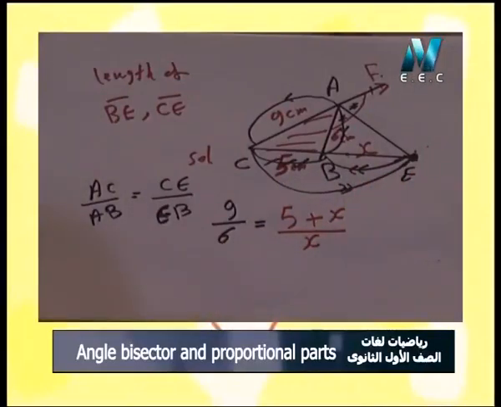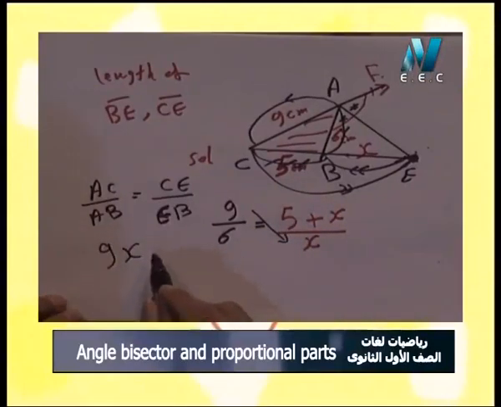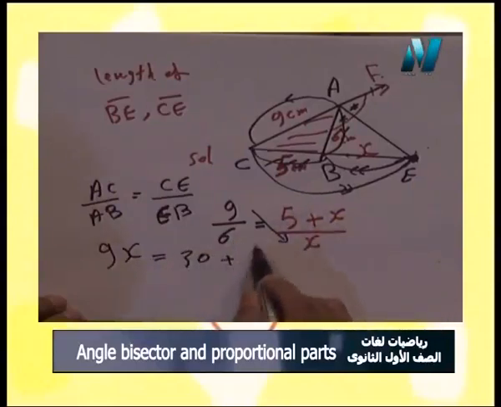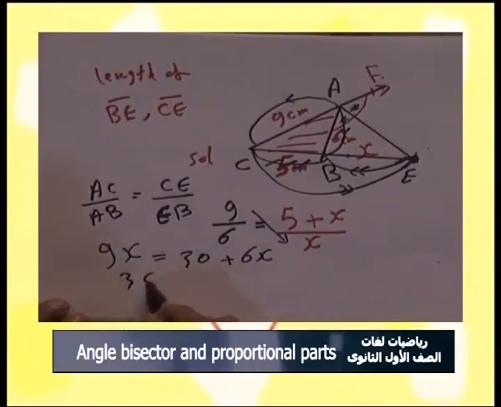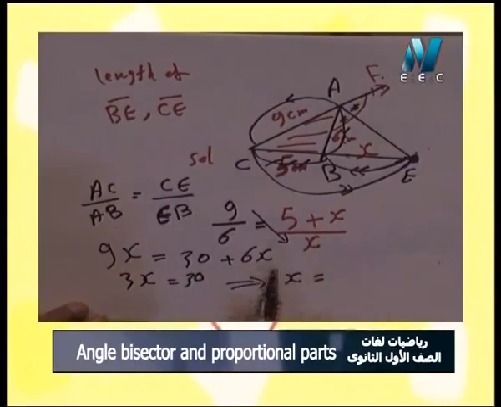Using cross multiplication, 9 times X is 9X equals 6 times 5, which is 30, plus 6X. We solve this equation: 9X minus 6X is 3X, equal to 30. So X is 30 divided by 3, equals 10 centimeters.